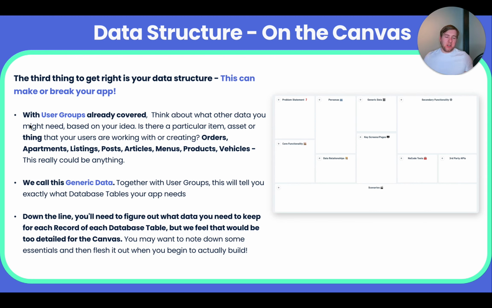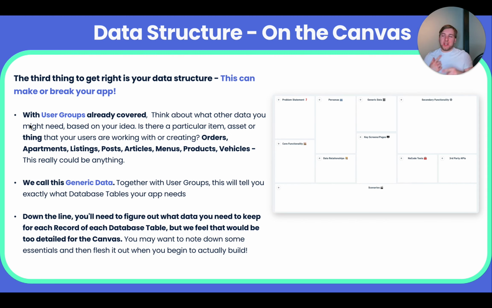One thing to say here, unless you really want to, and especially if you've only got a couple of database tables, you don't really need to think about every single individual little piece of data. Yes, if you're storing apartments, it's probably good to know that you want to store photos and a description.